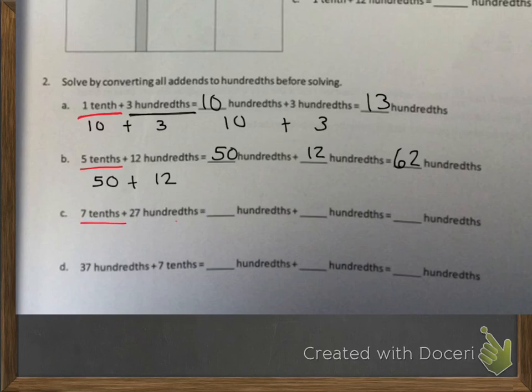So we have 7 tenths plus 27 hundredths. So I know that is now 70 and 27 hundredths, right? Because I'm converting the 7 tenths to 70 hundredths, plus 27 hundredths, and that makes 97 hundredths. Okay?